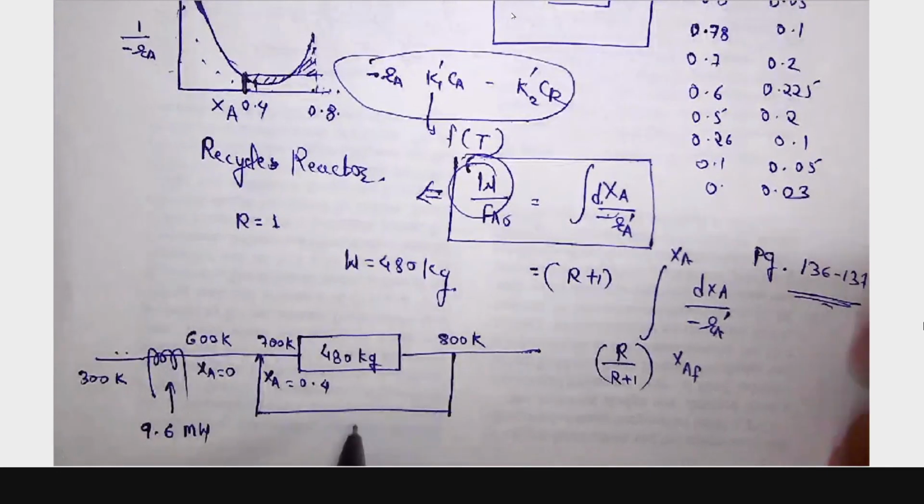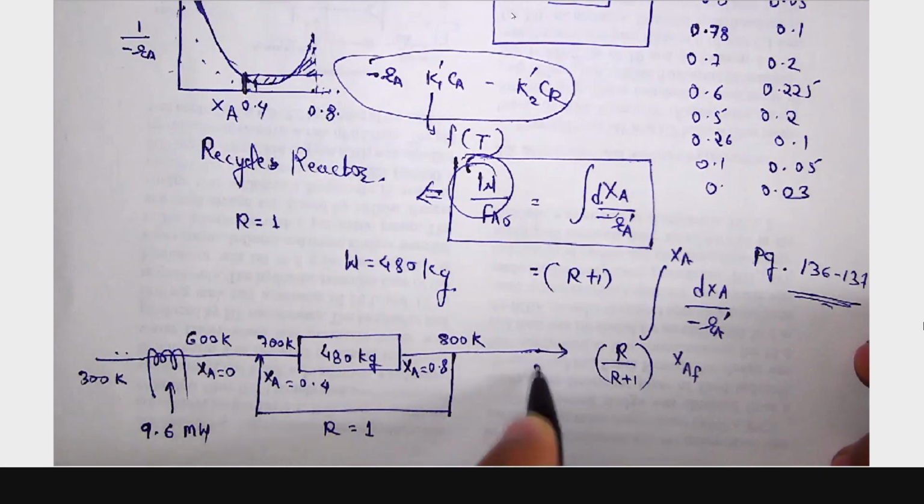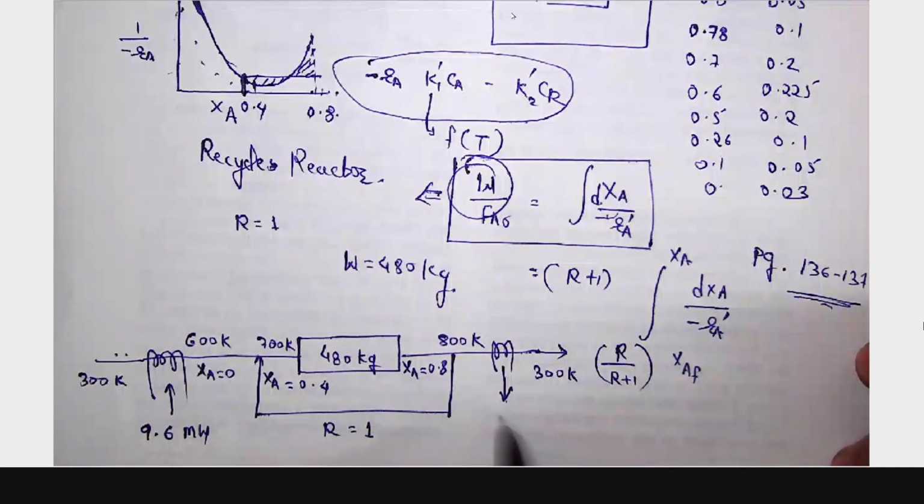R is equal to 1. Here you have XA equal to 0.8, and again you need the product at 300 Kelvin. So there will be heat, but you have to remove that heat, and that is minus 16 megawatt.